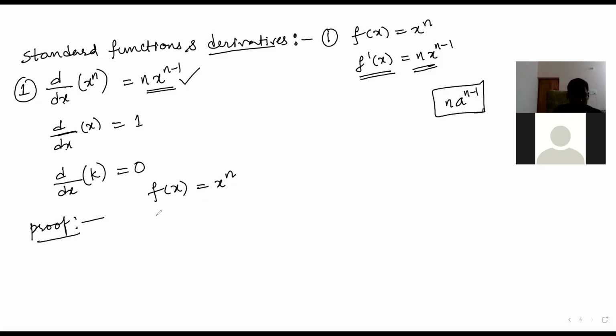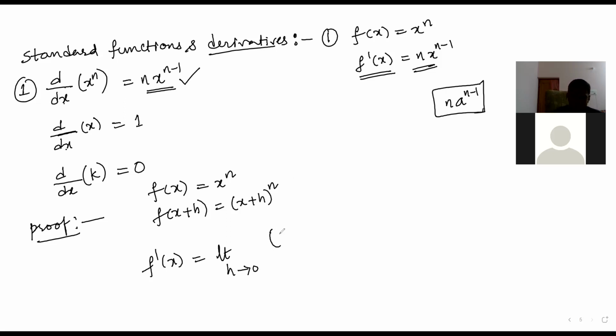Yes, sir. Here what we need is f of x plus h, no? That is (x plus h) to the power of n. Now f dash of x is the limit as h tends to 0 of f of x plus h minus f of x, divided by h.